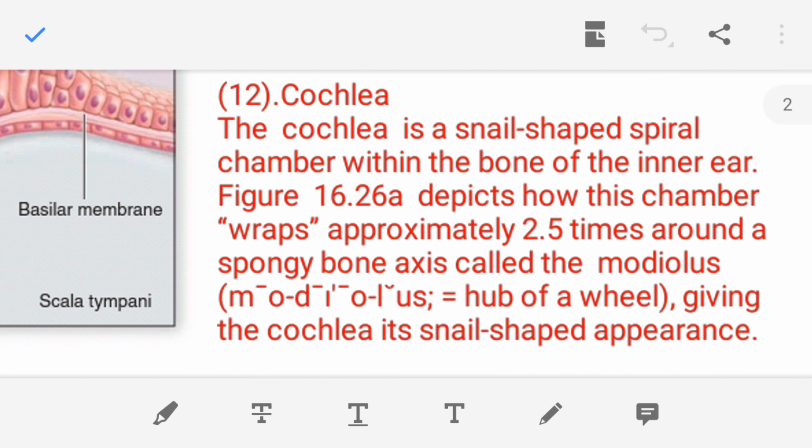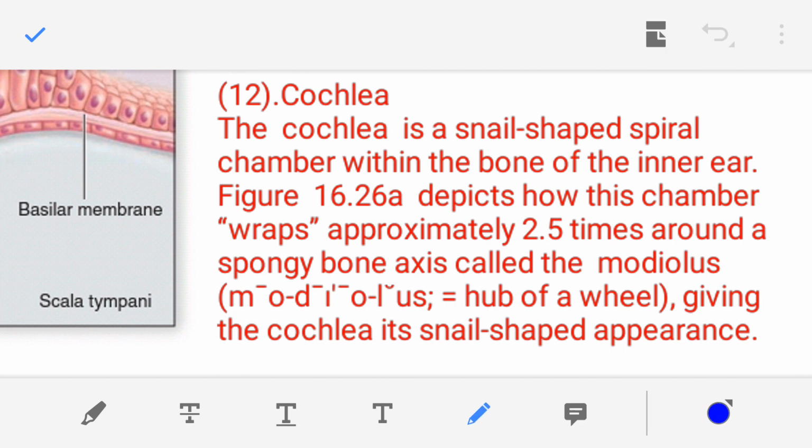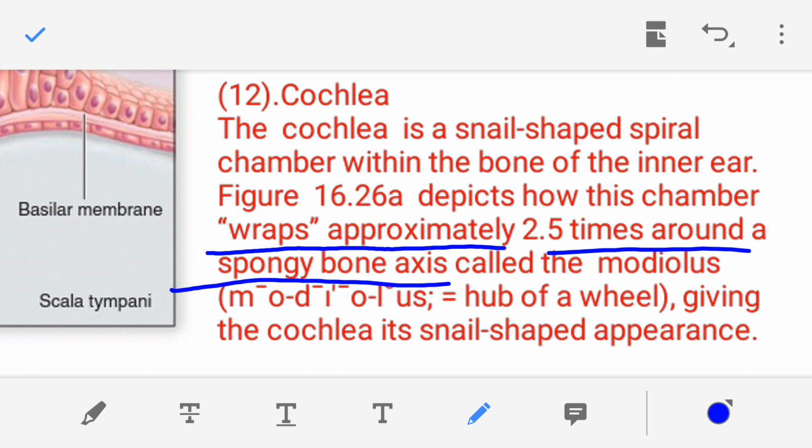Now in the figure, it is shown how this chamber of the cochlea wraps approximately 2.5 times around a spongy bone axis. This spongy bone axis is known as the modiolus.